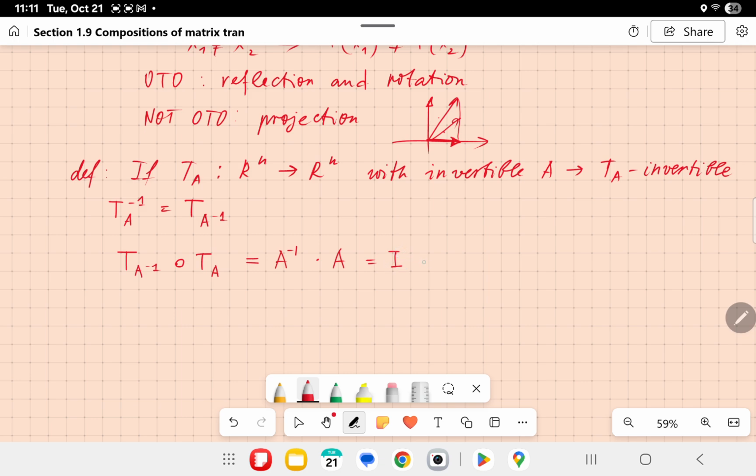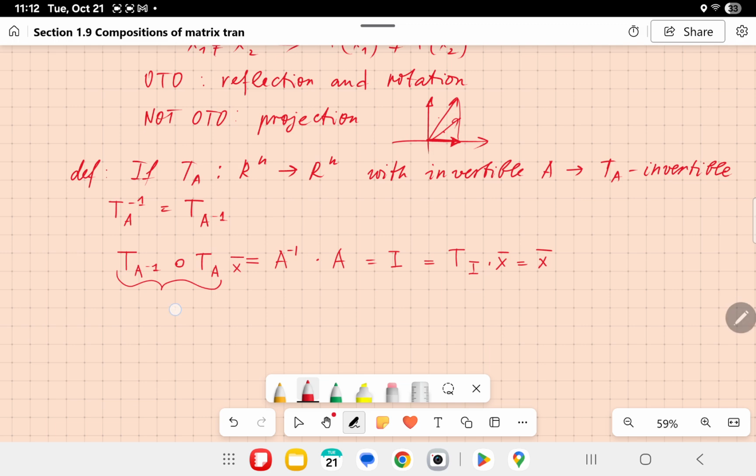And the identity matrix is going to be what? The identity transformation. So basically, if you apply this transformation to some vector x, that's going to be the same as the identity transformation applied to vector x, or vector x itself, which is actually a description of inverse, right?